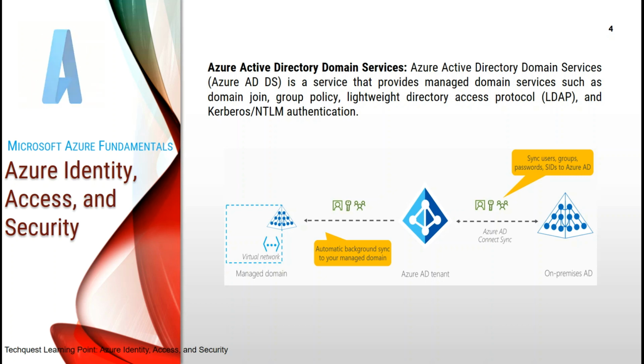Just like Azure AD lets you use directory services without having to maintain the infrastructure supporting it, with Azure AD DS you get the benefit of domain services without the need to deploy, manage, and patch domain controllers (DCs) in the cloud.